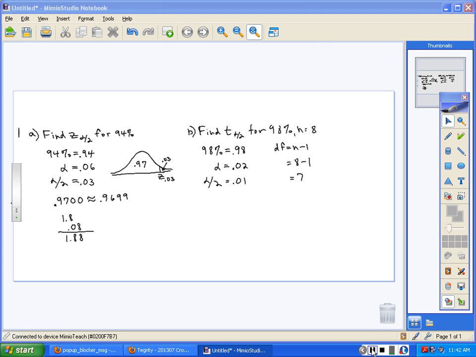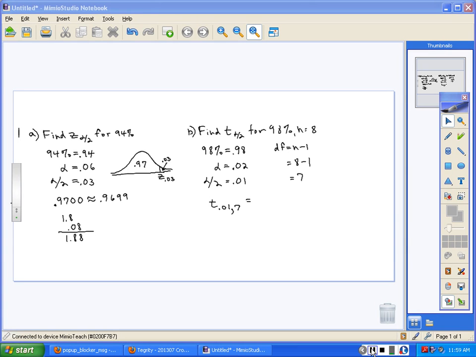And so the notation that I use is t sub 0.01, that's the column on the table, comma 7, and that is the row. So you go to the t table, and now be very careful on the t table because we always use just the area in one tail.